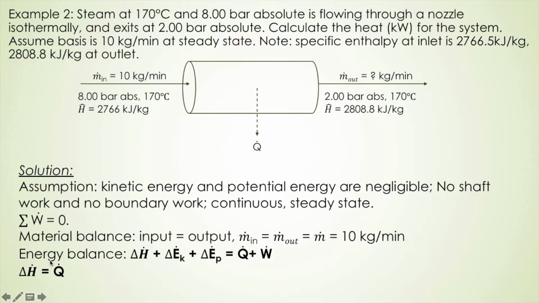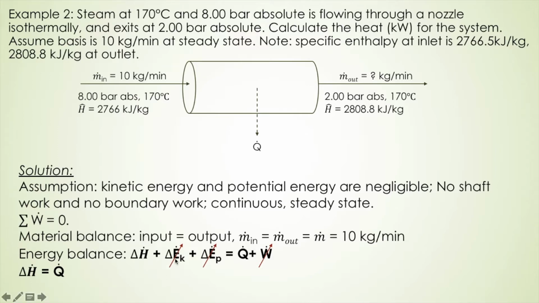The energy balance for an open system at continuous steady state is change in enthalpy plus change in kinetic energy plus change in potential energy equals heat plus work. Although some terms cancel out, it's preferred to write down the whole energy balance equation first, and then decide which terms to cancel based on the assumptions.